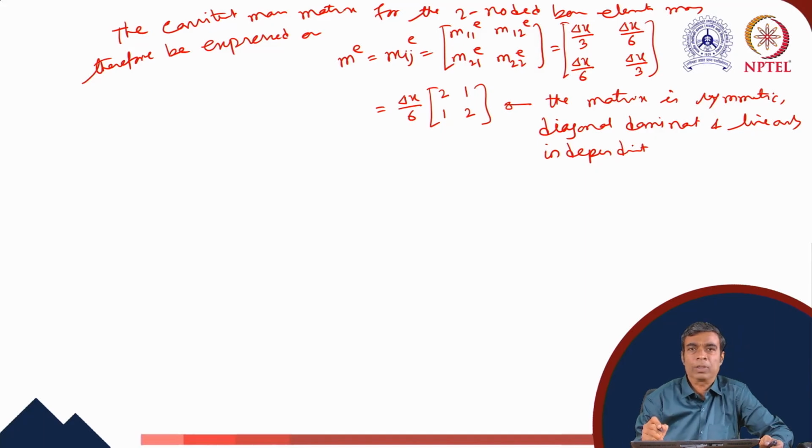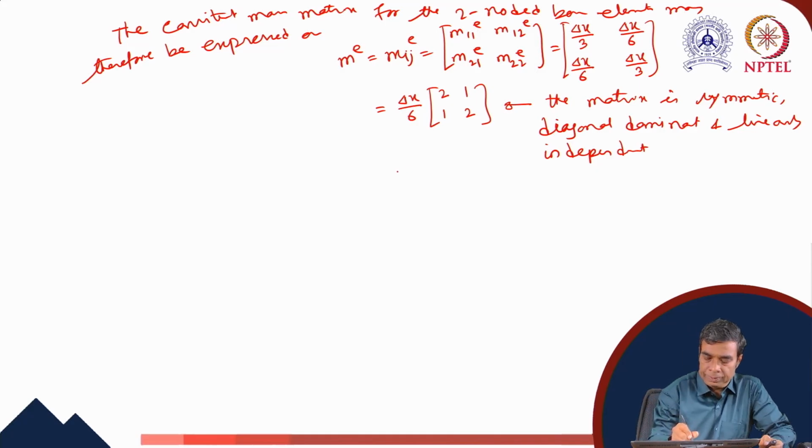By taking a product of this matrix with a non-null vector, it can be proved easily that this is also a positive definite matrix.